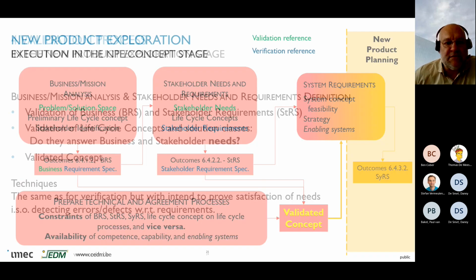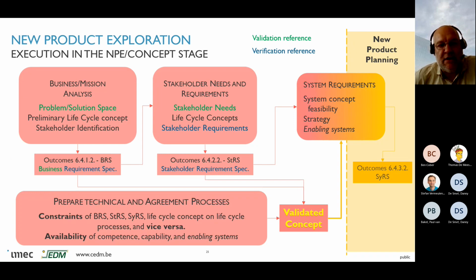As a final slide, I give here an overview of the different activities in the exploration stage, where we have the two core, let me use the laser pointer, we have the two core life cycle processes, the business mission analysis and the stakeholder needs, and also some preparation activities where we look at all the other technical and agreement processes and check what their impact would be on the requirements we are establishing, or vice versa.